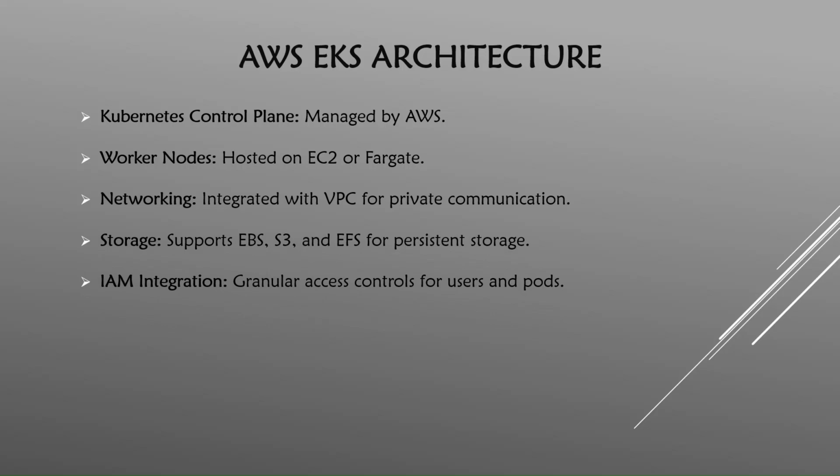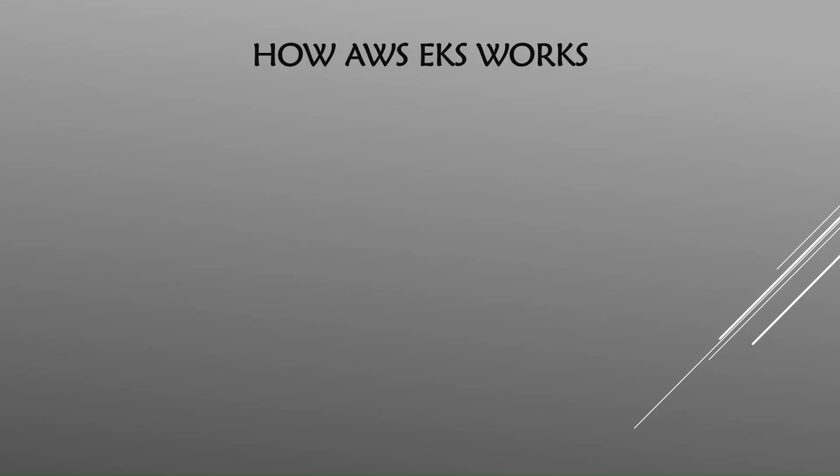Networking is handled securely with the VPC, with an integrated load balancer for external traffic. Persistent storage and other AWS services are used as needed, with access managed by IAM. This architecture ensures AWS EKS provides a highly available, secure, and scalable environment for running Kubernetes workloads.